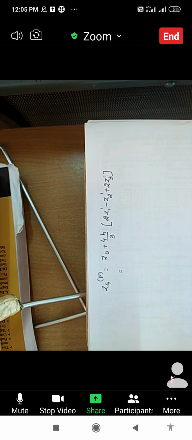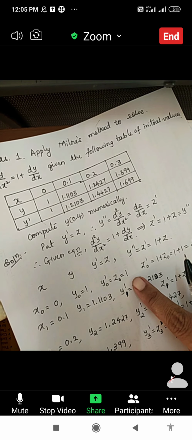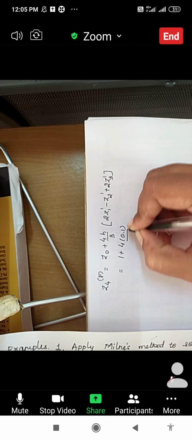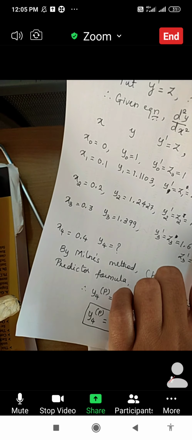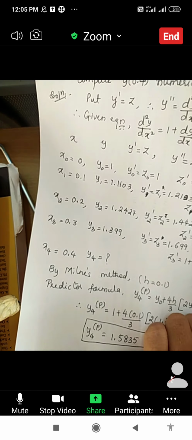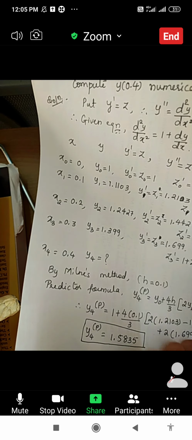See the table. What is z0? Z0 is 1, correct? So 1 plus 4 into 0.1 divided by 3, 2 into z1 dash is 2.2103, z2 dash 2.4427, z3 dash is 2.699.